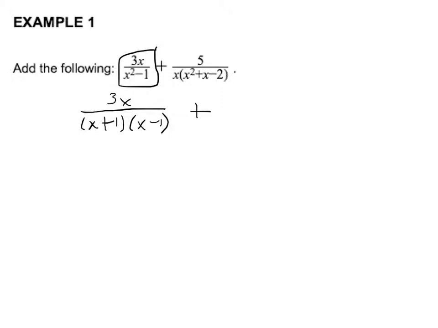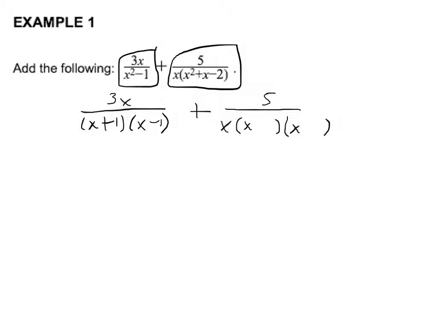And then we're adding our second expression, and that is going to give us 5 on top, nothing we can do there, divided by x, which has already been factored out. And then for x squared plus x minus 2, we're going to have 2 binomial factors, starting with x for both.